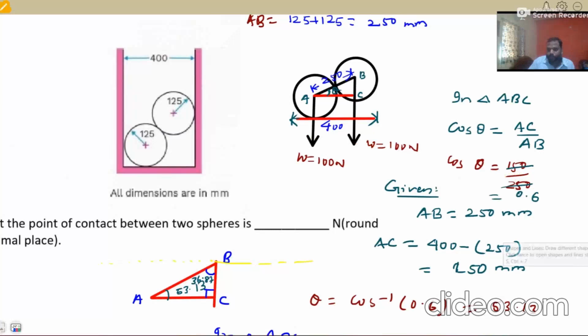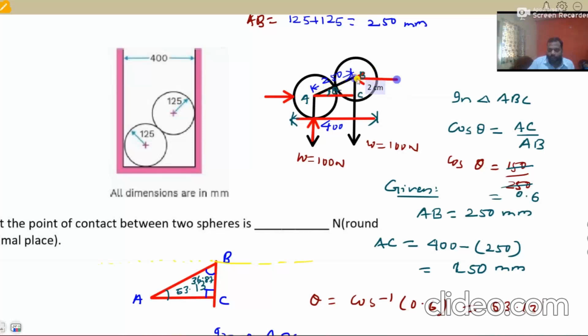This has to be identified. In sphere A, there is the reaction of the horizontal surface, reaction of A. And the vertical wall will also act with a reaction on this sphere in this way. In sphere B, there is the reaction of the wall on sphere B. And the last one is the contact reaction.